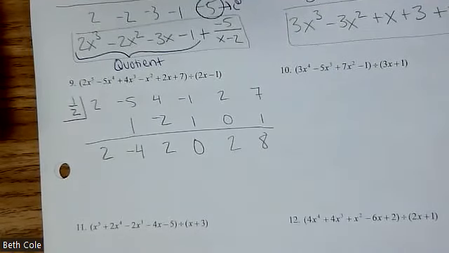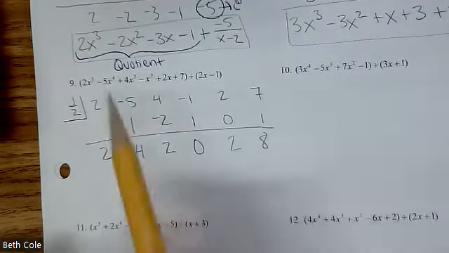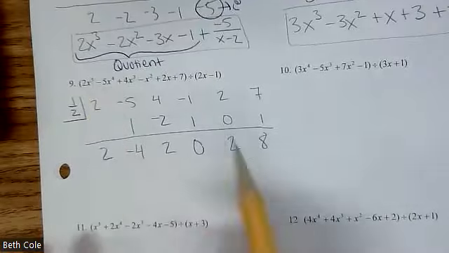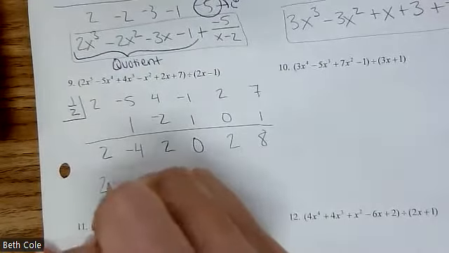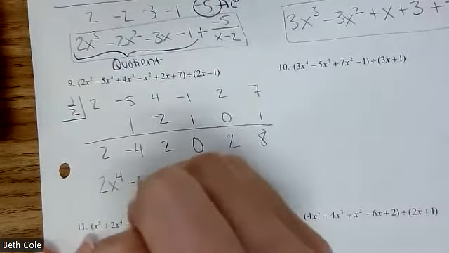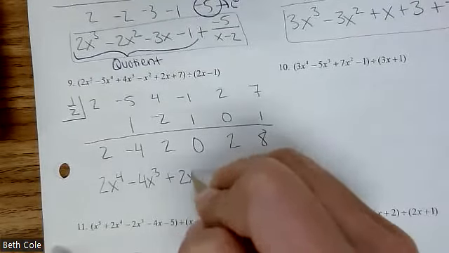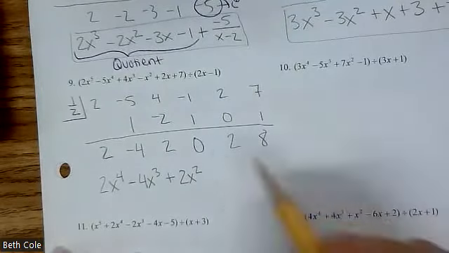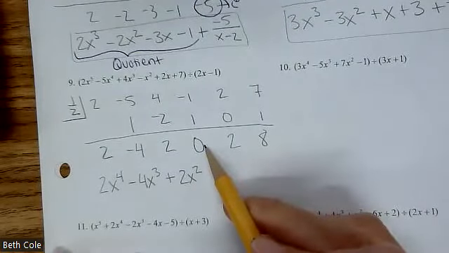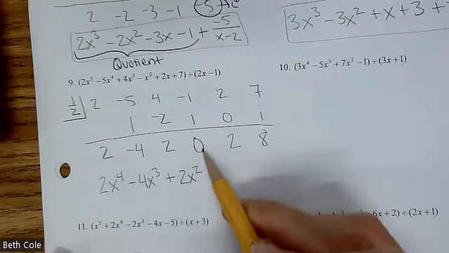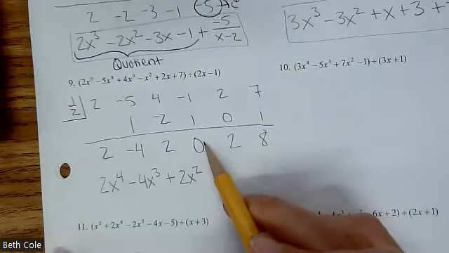When you write your answer, you're going to start with 1 less because we divided out. So instead of to the 5th, we're going to start at the 4th. 2x to the 4th minus 4x to the 3rd plus 2x to the 2nd plus, no x's, so I'm going to skip that one.